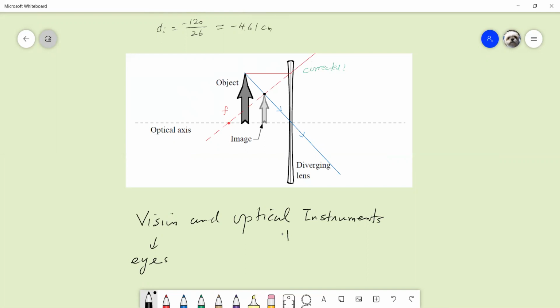And optical instruments, we are talking about the microscope and the telescope, right? Well, even the camera. You can think of a camera as an optical instrument. Actually, I should say that a camera uses the principle of the eye.